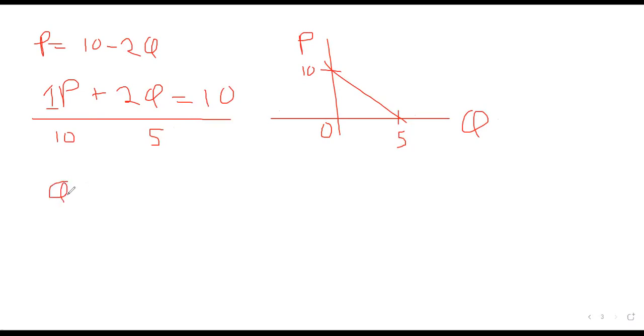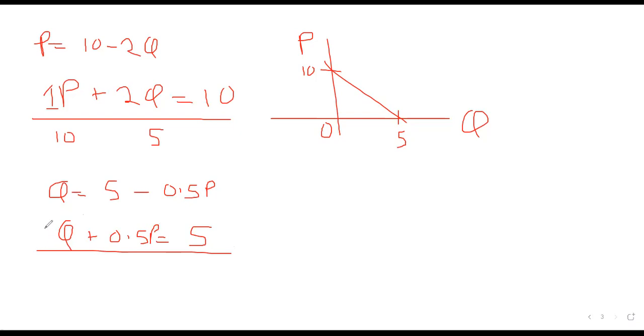Demand sometimes will be in terms of Q. You can say Q equals 5 minus 0.5P. The same principle, you put the letters on one side. So here we're going to have Q plus 0.5P is equal to 5. What number is on letter Q?